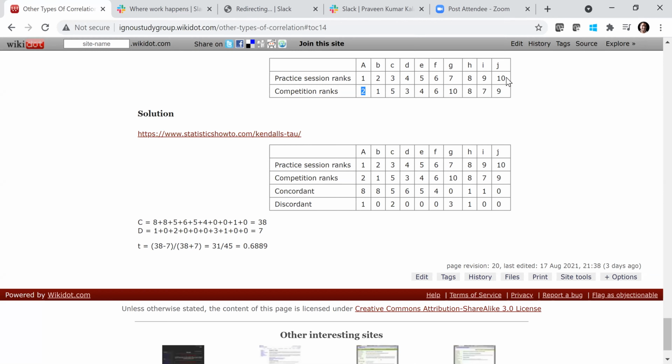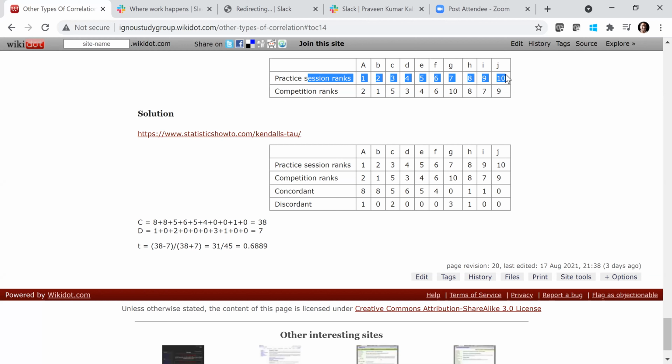Automatically, competition ranks will change, right? Competition ranks might have a different order if I arrange these students, student A, student B, student C, student D, E, F, etc., in ascending order of their particular ranks.